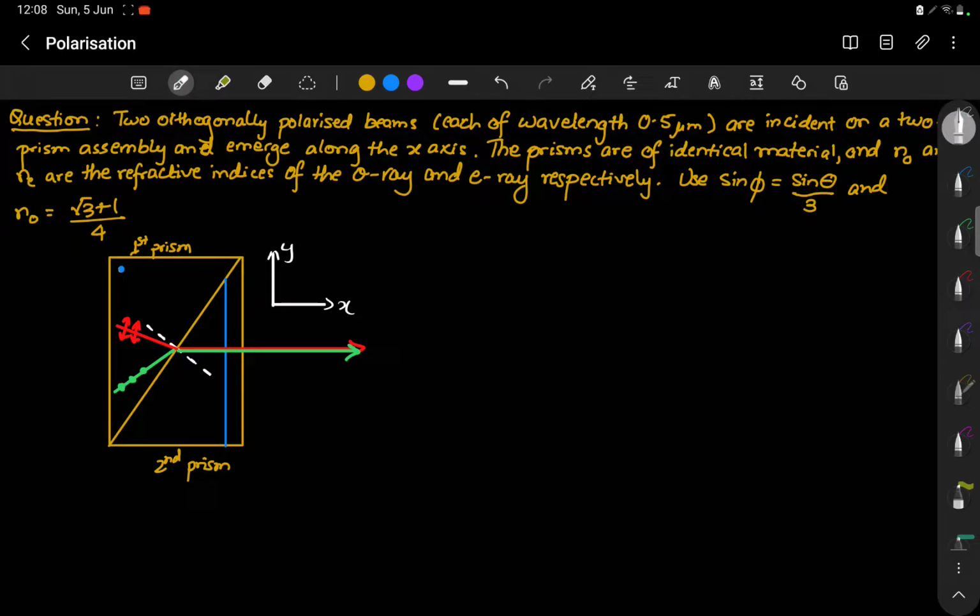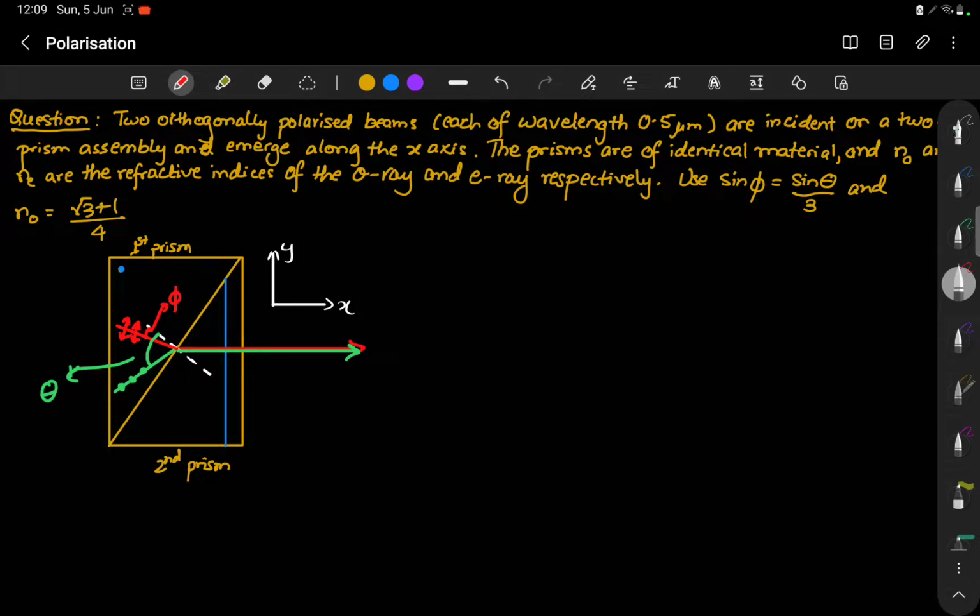And let me draw what theta and phi are. The angle that the green ray makes with the normal, this angle, is theta, and the angle that the red ray makes with the normal is phi.